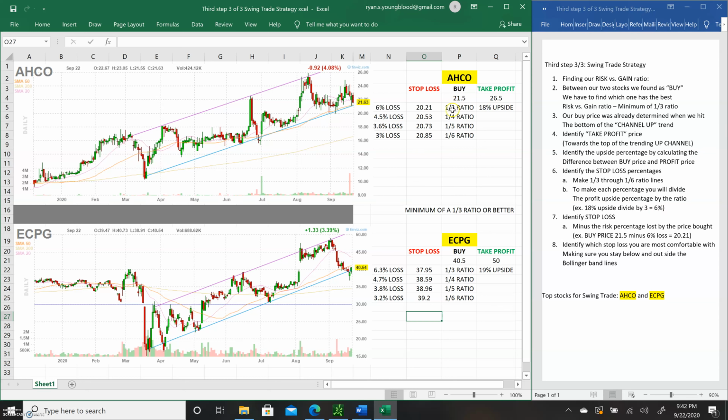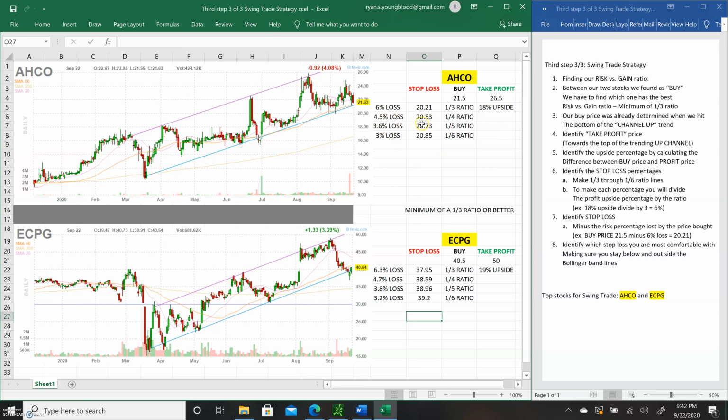So here it is right here, the 3 ratio and the 18%. You're going to take the 18% divided by 3 and you're going to get 6% loss right here. Okay, same thing, 18% divided by 4 is 4.5. Again, 18% divided by 5 equals 3.6.